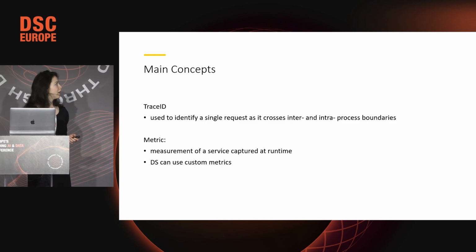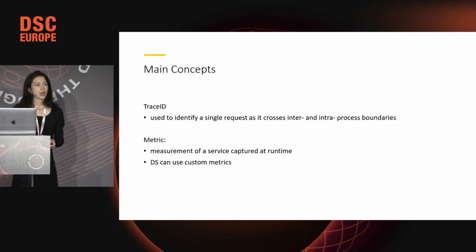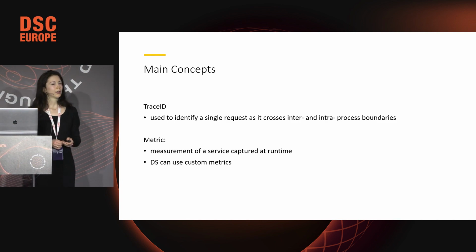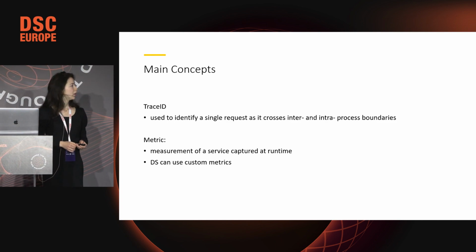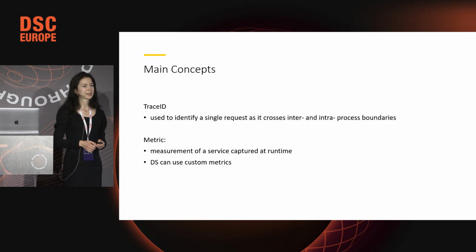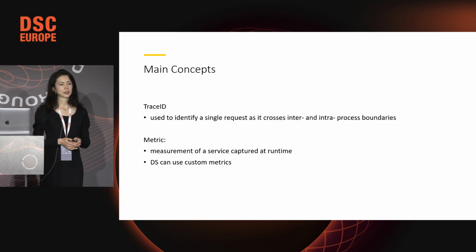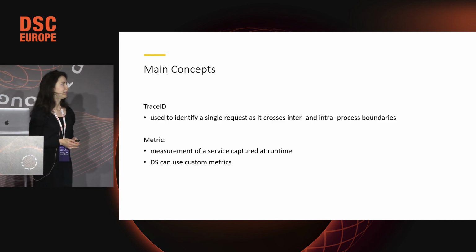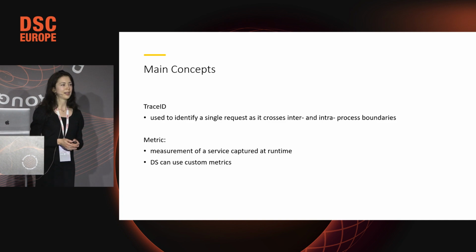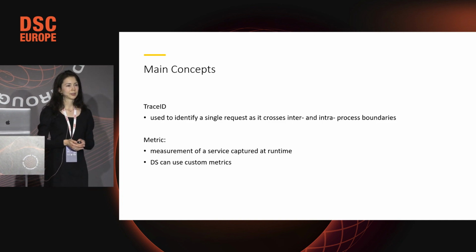Here is a brief introduction of the concepts. First of all, let's start with the topic of trace ID. In companies who provide software as a service products, the service delivery is very often done through APIs, and most commonly those are REST APIs.